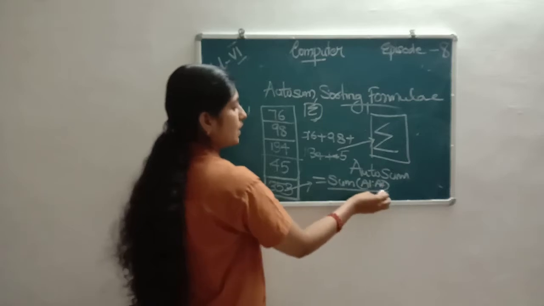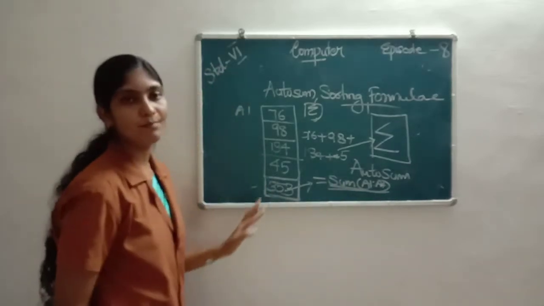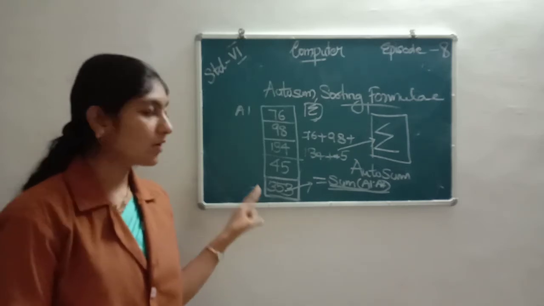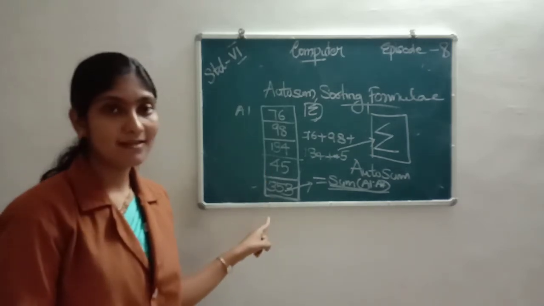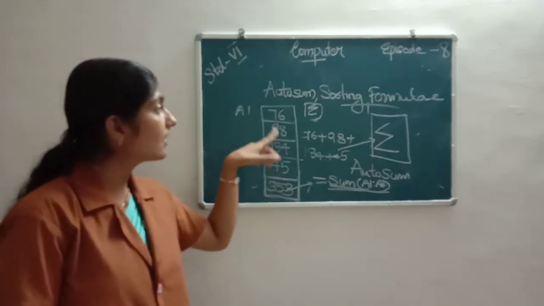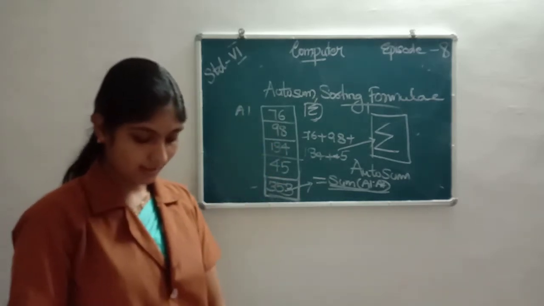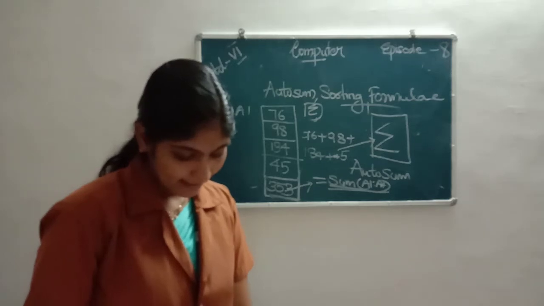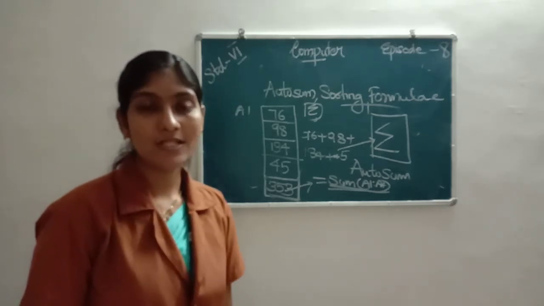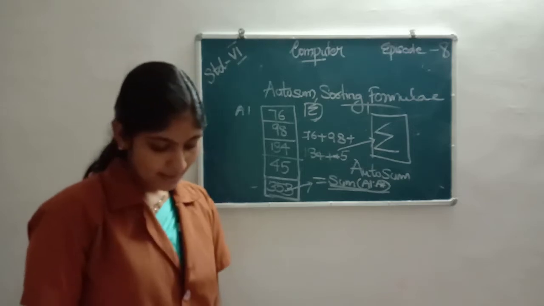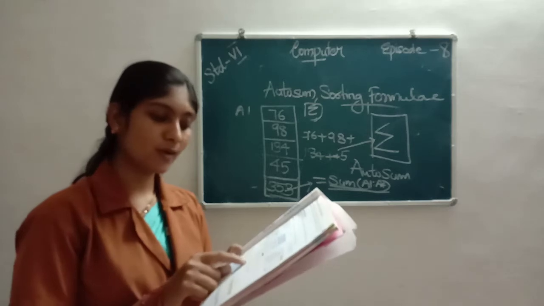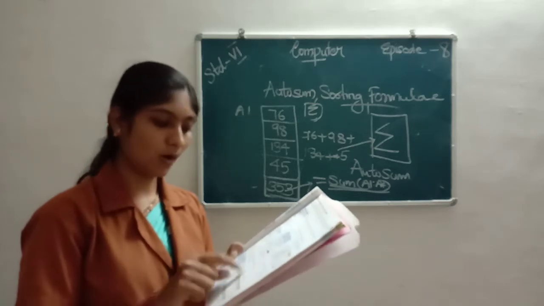This is the formula for calculating the sum of numbers from a range of cells, and we want to calculate these numbers by using what? Auto sum, right? Okay. Then, the auto sum is under which tab? Home tab.